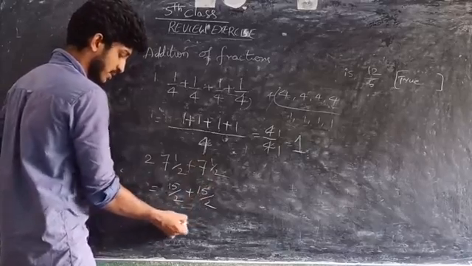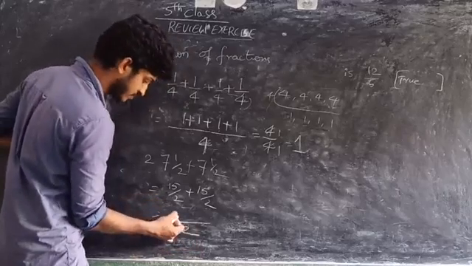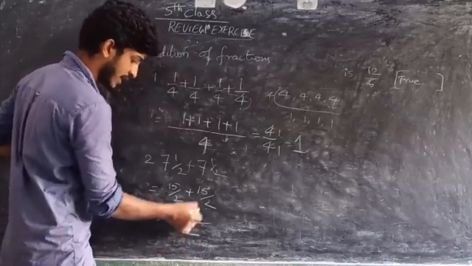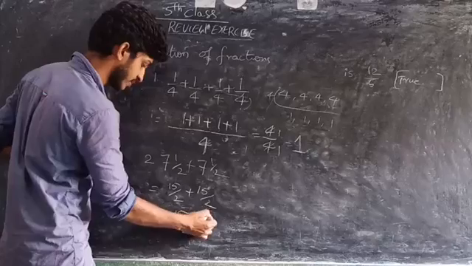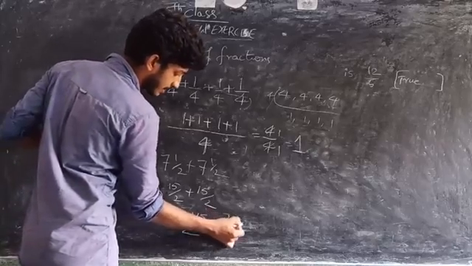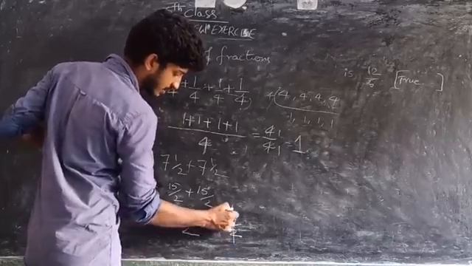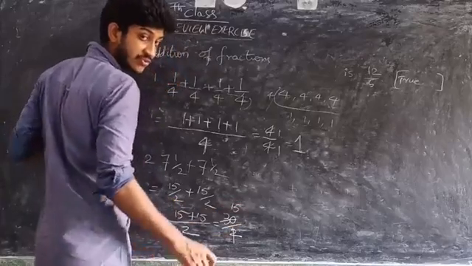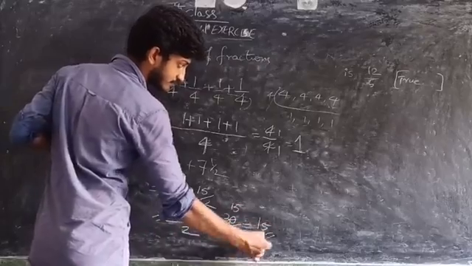Both are 2, so the LCM is 2. 2 in the 2 table one time, 1 into 15 is 15, and again 1 into 15 is 15. 15 plus 15 is 30. 30 divided by 2: 2 fifteens are 30. So the answer is 15.